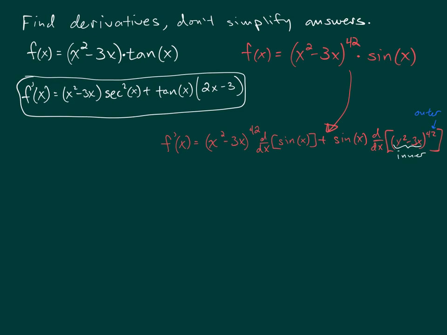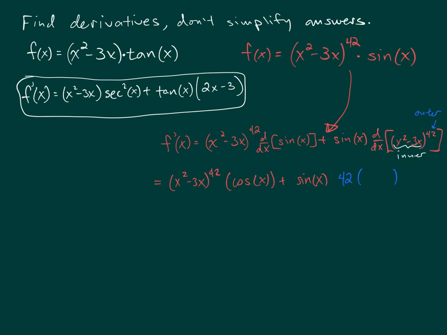So this will be x squared minus 3x to the 42nd power times cosine of x, plus sine of x times, if you take the derivative of the outer function, 42.